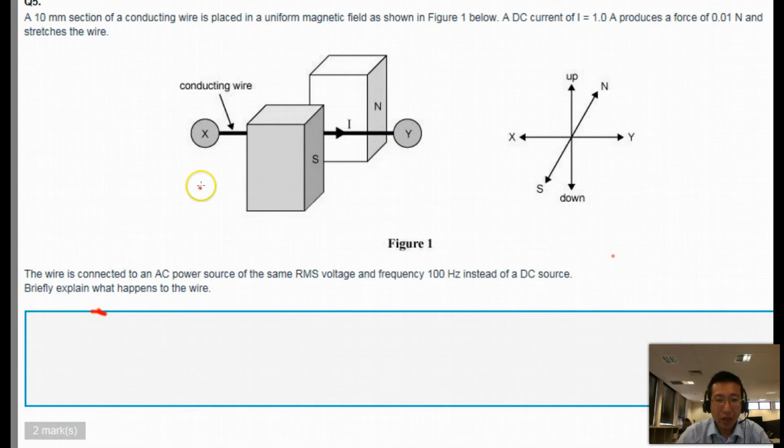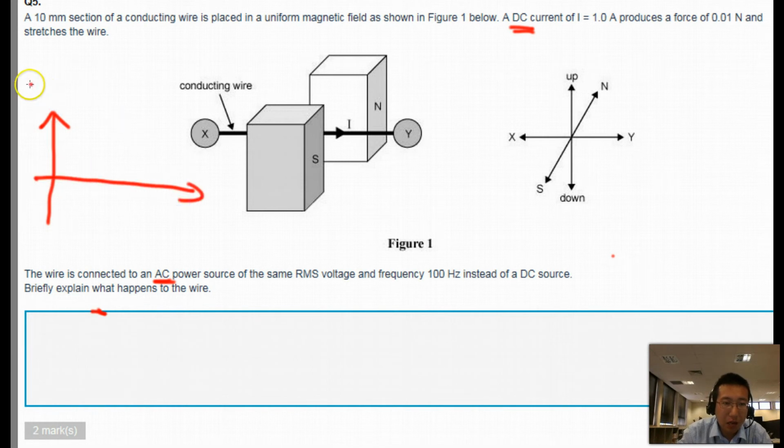Now look at this question. It's the same question as the previous one, but in this question, instead of a DC, we use an AC. Remember, in an AC current, the current flows in the positive direction for half of the period, then flows in the negative direction.